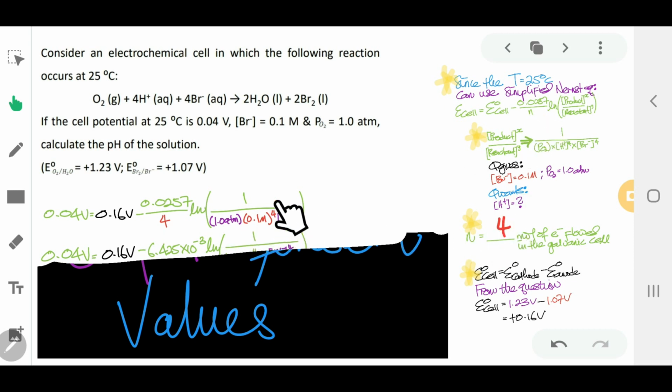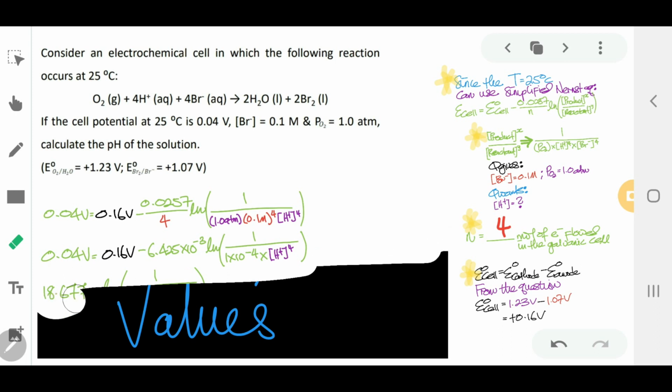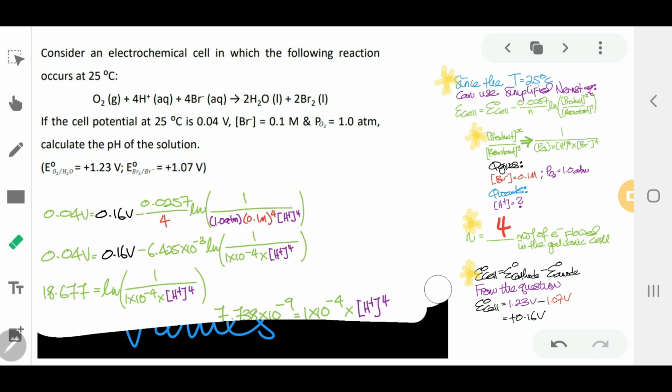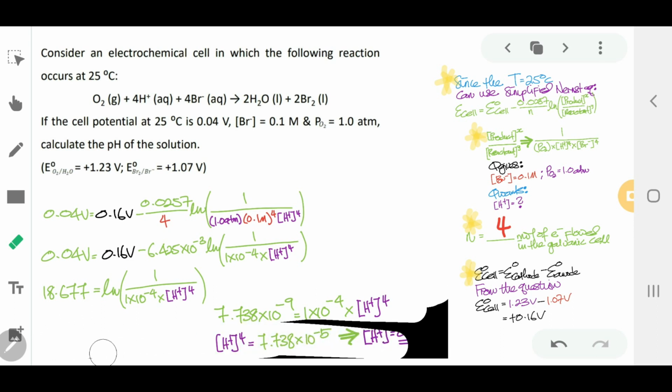And you're just going to substitute the quotient that we have identified right here into there. And you should be able to solve the whole thing, and you'll get your H plus concentration. So this is the H plus concentration when you solve this mathematically.